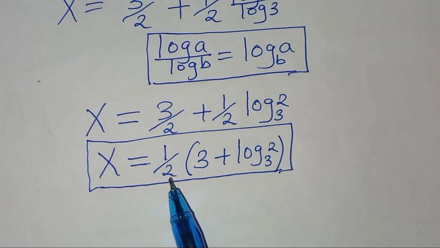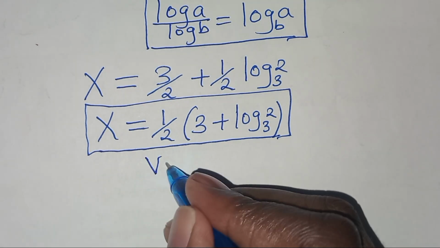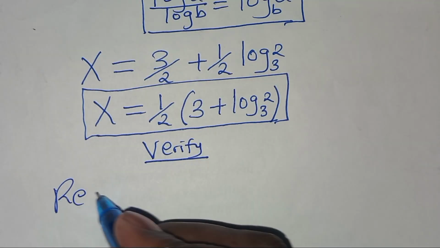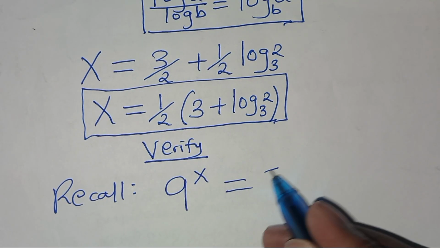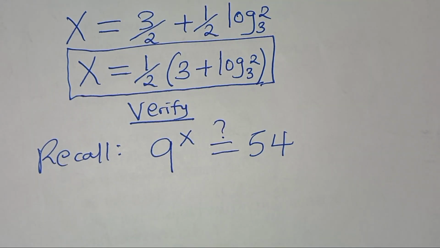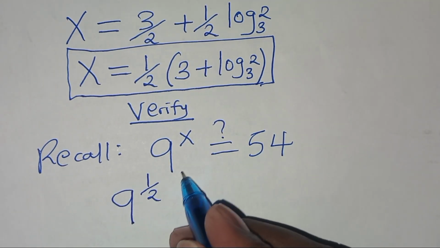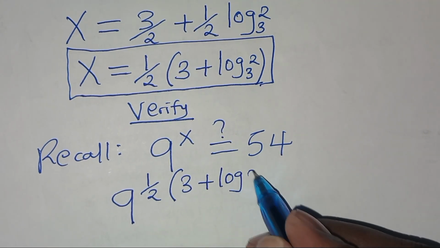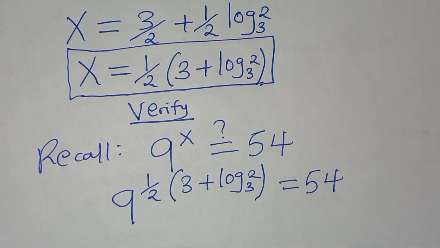So let's verify that this value of x actually satisfies the equation. Let's verify as follows. Now, if you recall here, 9 to the power x should give us a value of 54. So let's check if this is true. Let's substitute the value of x so that here we have 9 to the power a half into the bracket here, 3 plus log 2 to base 3, and this should give us a value of 54.